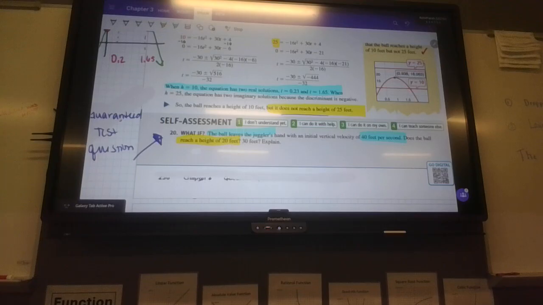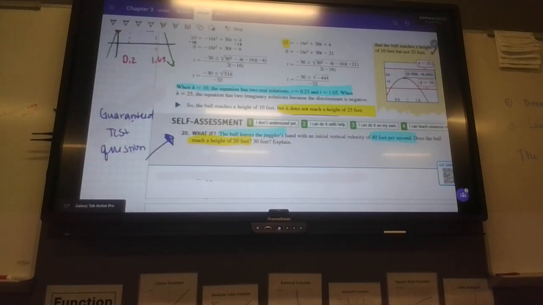I put a little note here that this is a guaranteed test question. I'm doing that because every year it's a very challenging test question. It's so challenging, I'm telling you ahead of time. This is on the test. Try to figure it out.